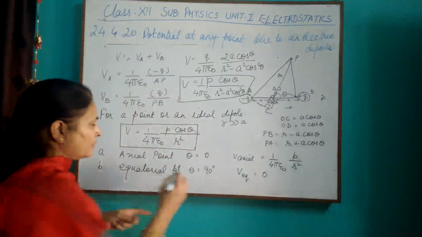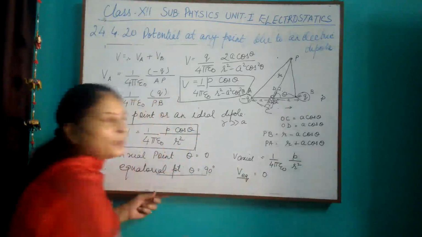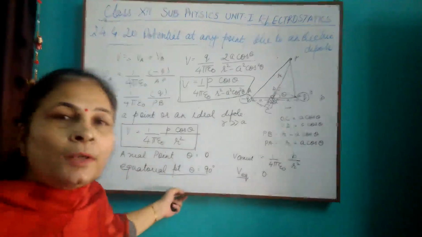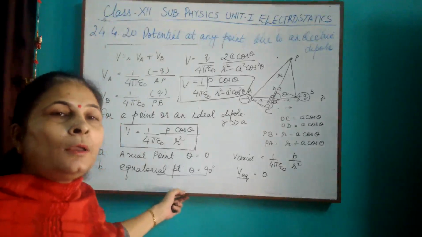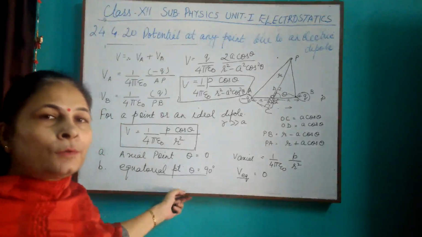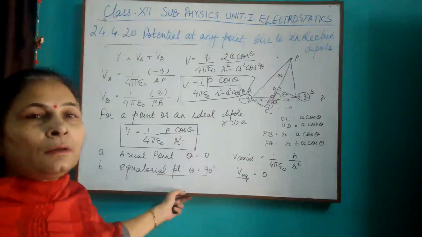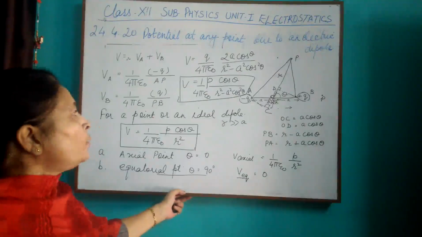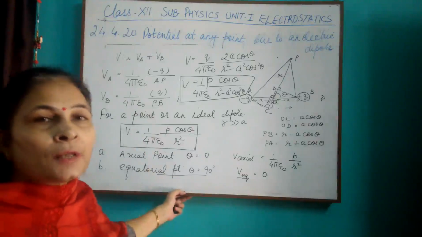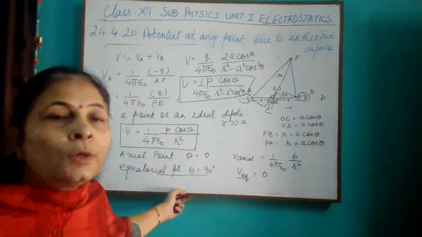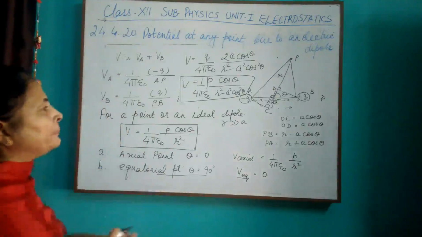This question, find out potential at an equatorial point of an electric dipole, may come in 1 mark also and may come in 2 marks. Suppose this question comes in 2 marks, then you need not do the whole derivation as such. Now that you can do in a mathematical form in this manner.